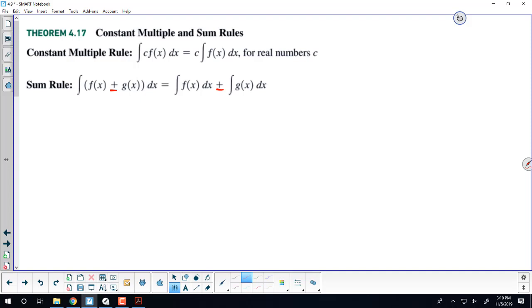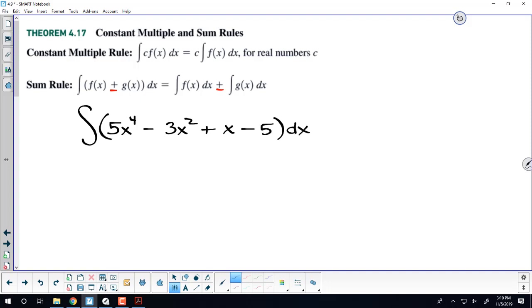So this kind of gives us, with our power rule, it just builds up into how do we find the antiderivative of a polynomial, like 5x to the fourth minus 3x squared plus x minus 5. So then we can just rewrite this.